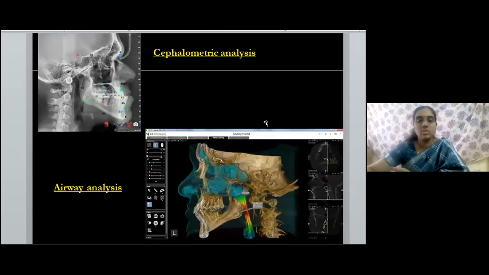And you can even make a cephalometric analysis for ortho, and do an airway analysis with multicolored software, which will be helpful to mark the airway and check for airway constrictions in case of orthodontic surgeries. So these are some of the advantages of the CBCT machines.